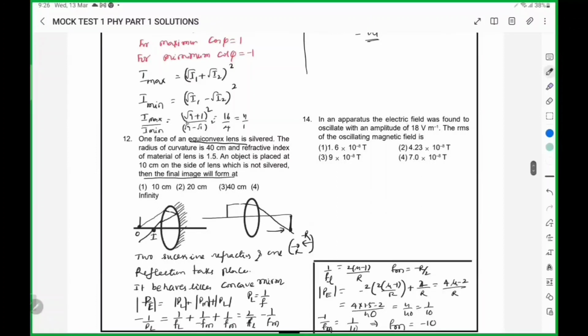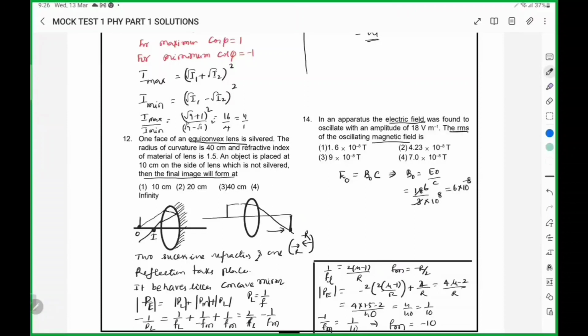Here, electric field and magnetic field. The amplitude of the electric field and the amplitude of the magnetic field are related by this. So B naught here is 18 by 3 into 10 power 8 meter per second, 6 into 10 power minus 8.